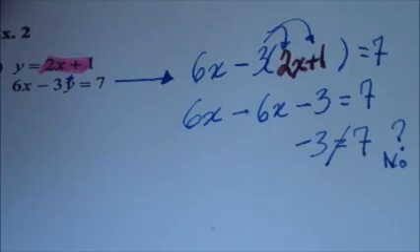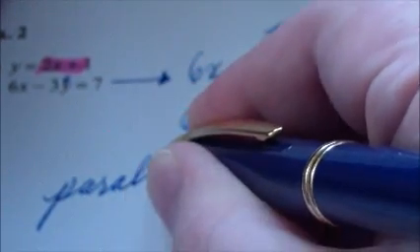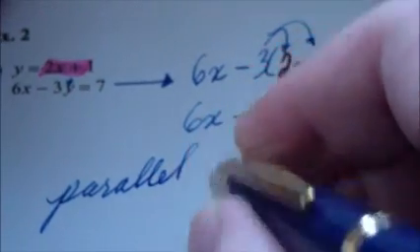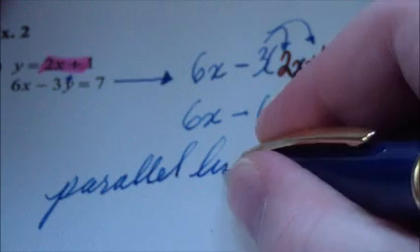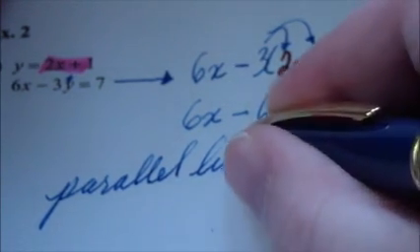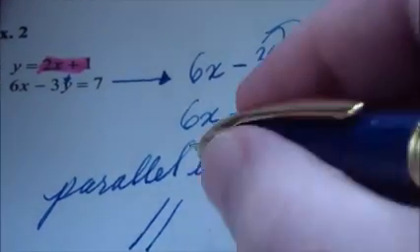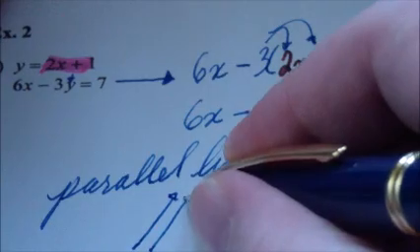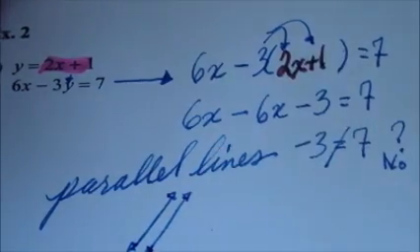And so, in this case, we're actually dealing with a special scenario. These are parallel lines. So that means we have something like this, and if we have parallel lines, well, these two guys will never intersect.